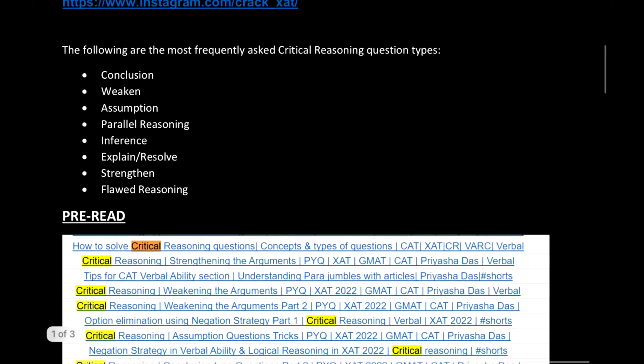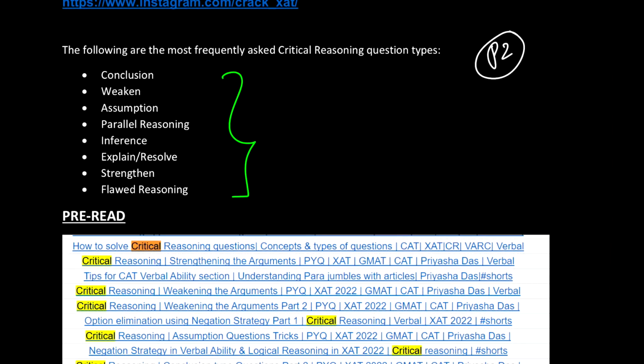In part two of the critical reasoning workshop, I will take questions from all the important categories: conclusion based, weakening, assumption, parallel reasoning, inference, resolving, strengthening, and flawed reasoning.